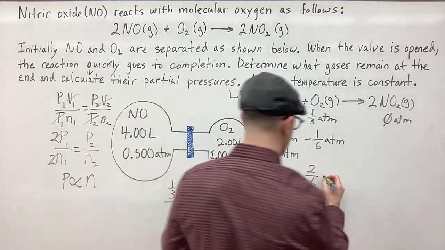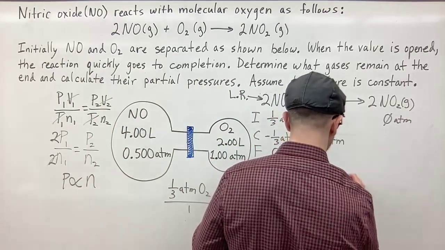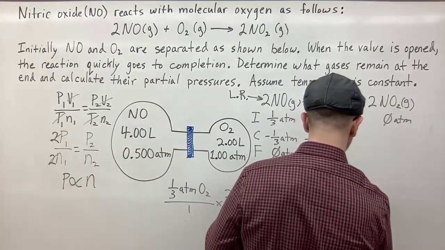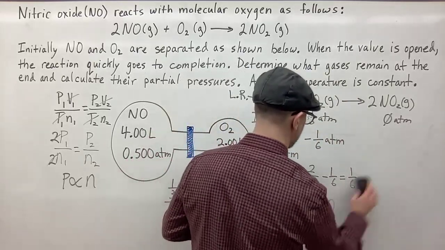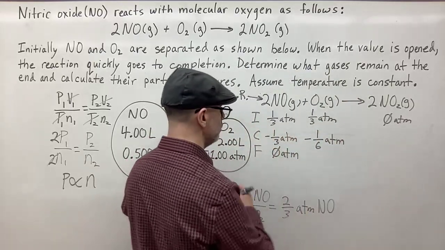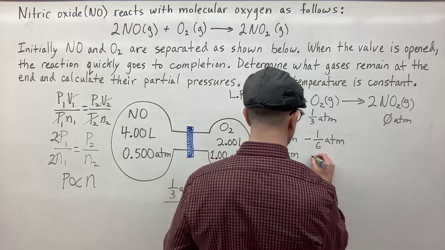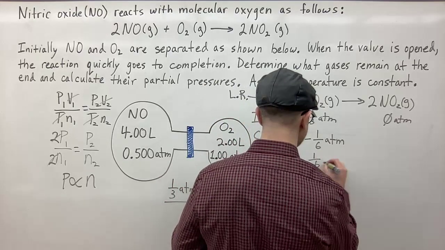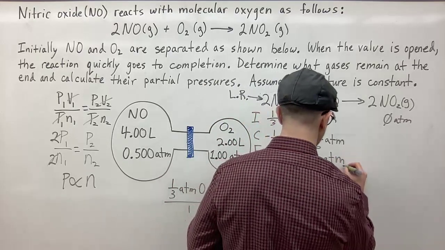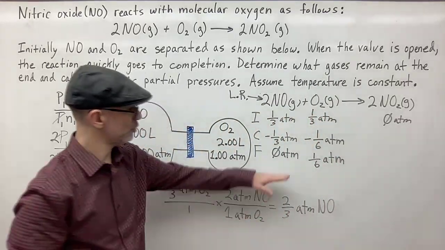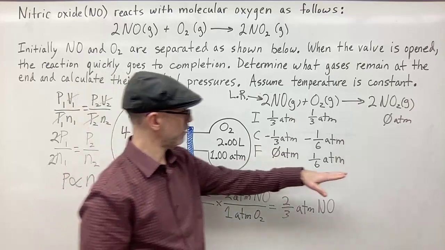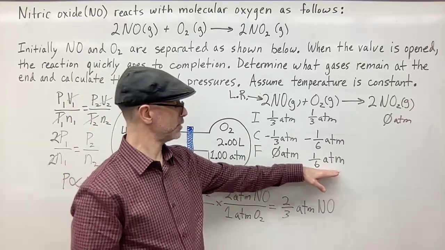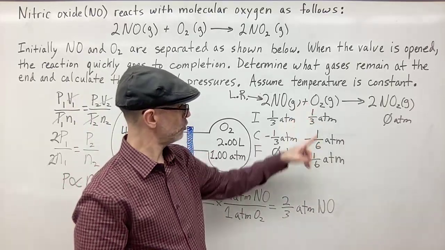And I subtract out 1/6, then that's going to give me 1/6 left over. So that means my final amount after the reaction is completed is going to be 1/6 of an atmosphere of O2. So I have 0 left over of NO. I have 1/6 of an atmosphere left over for O2.